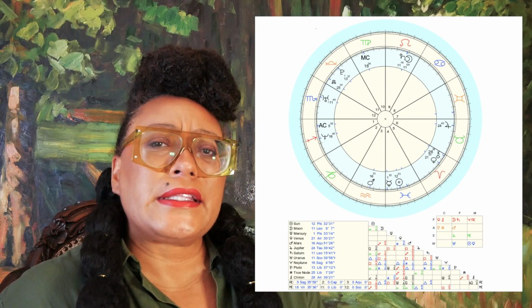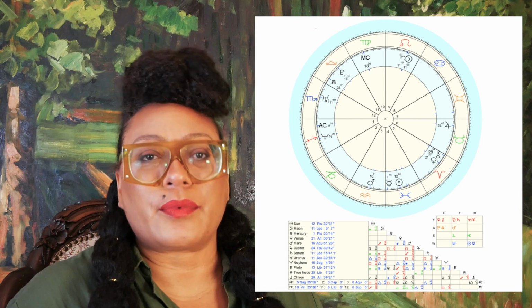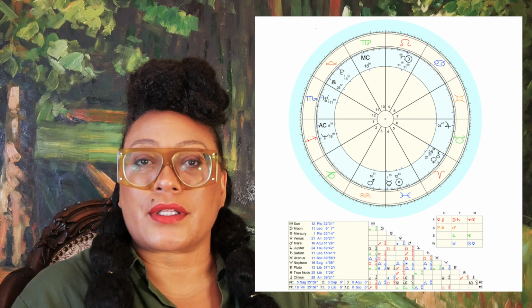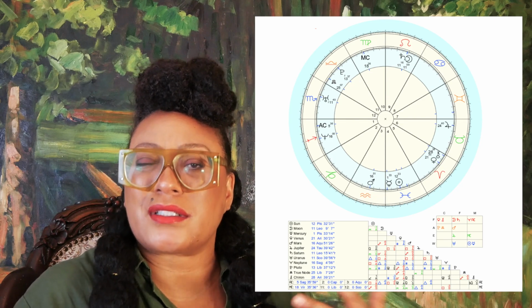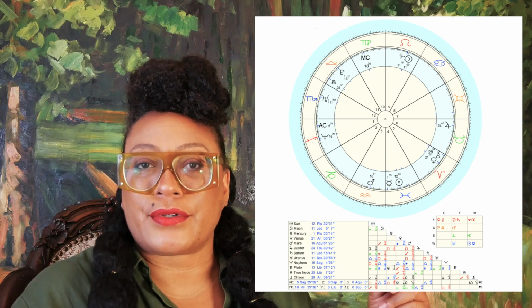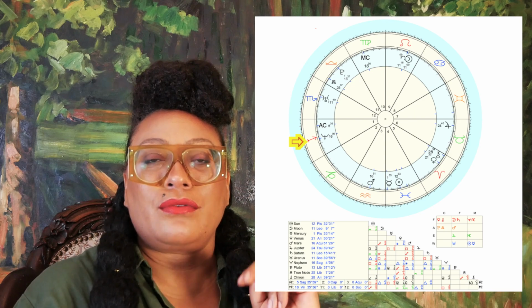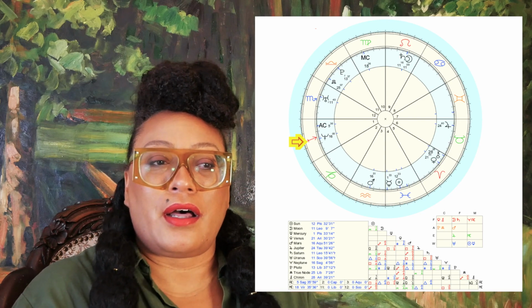So let's look at the houses for just the big three placements. We know the first house is devoted to our experience of self, our identity, sometimes our appearance, and Sagittarius on the first house, Sagittarius being a mutable fire sign ruled by Jupiter.